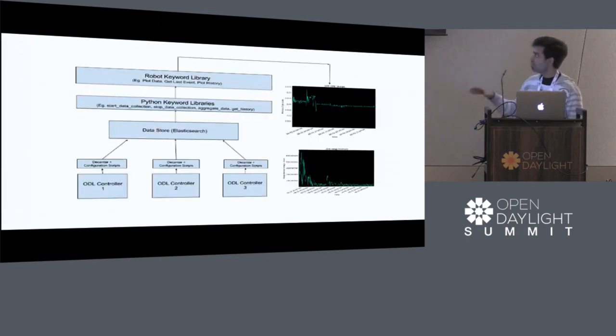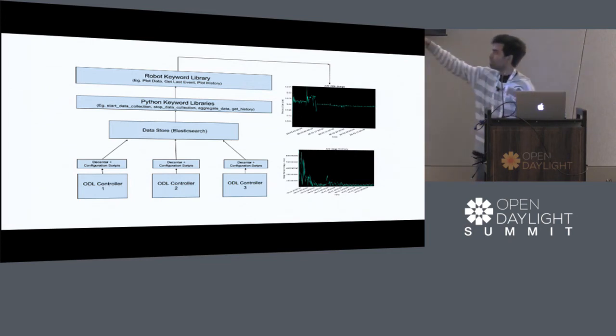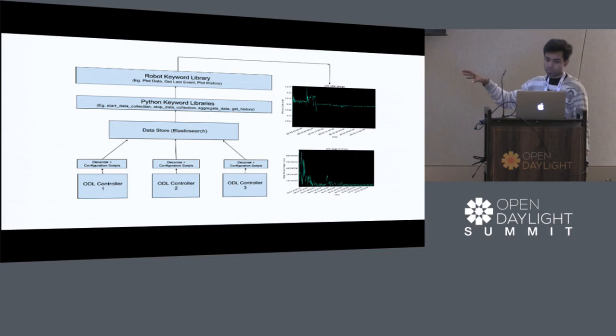So this is the high level view of what we tried to achieve. We have a cluster of controllers at the bottom, each of which has a Decanter agent plus a configuration script running, which configures it to work as per our requirements. We developed some template configuration scripts which we can use as per the use case.